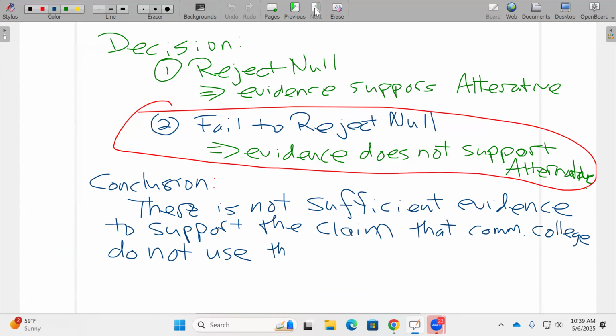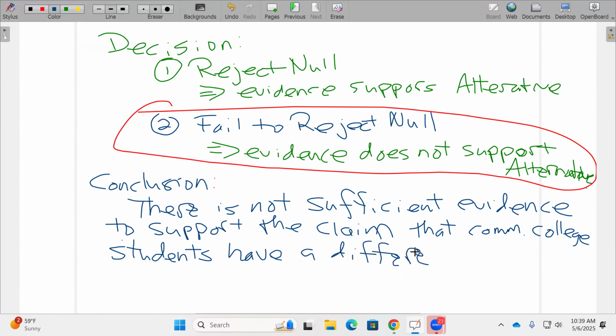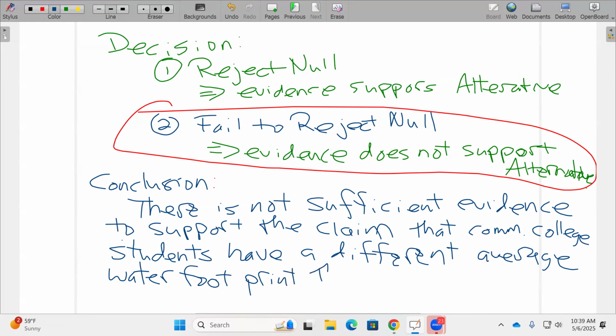Okay, so let's see. There's not sufficient evidence to support the claim that community college students have a different average water footprint than US adults.